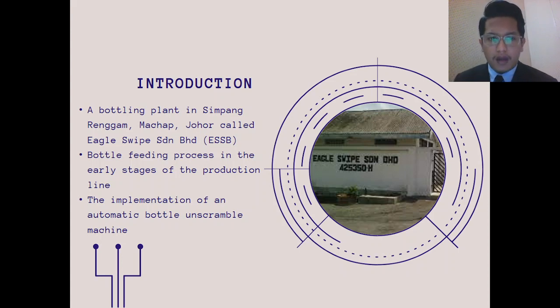The bottle filling process is an early stage in the production line, and it is important to have the right bottle flow rate, as it affects the bottle output. This is why implementing an automatic bottle unscramble machine can help to increase the output.